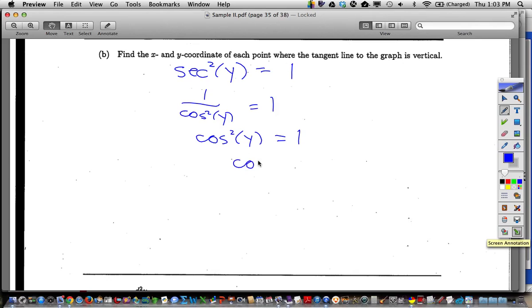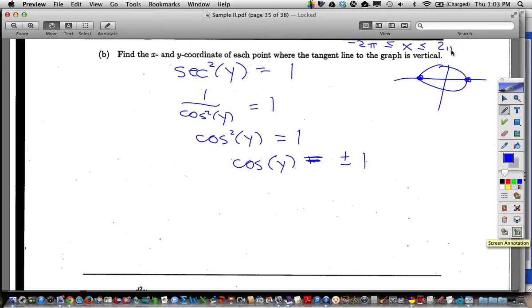Which is like saying, where does cosine equal plus or minus 1? Right? And so where does cosine equal plus or minus 1? Well, that'd be at 0, at pi. But yeah, now notice x is supposed to be from negative 2 pi to 2 pi.